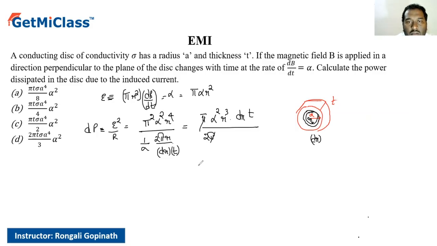One pi gets cancelled out. That's alpha square sigma R cube into T into dr by 2.